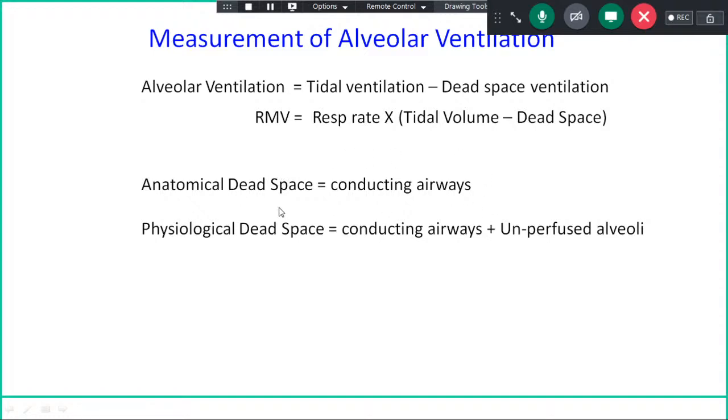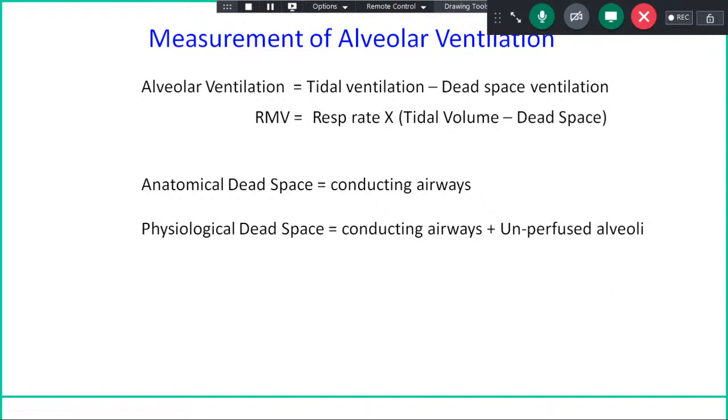So anatomical dead space is the volume of air remaining in the conducting airways. Why is it called that? Because it is in the anatomical pathways and can be seen. Whereas the physiological dead space is the functional dead space. This includes not only the conducting airways, which are up till the 16th generation, but also some part of the alveoli which are not receiving any blood flow.